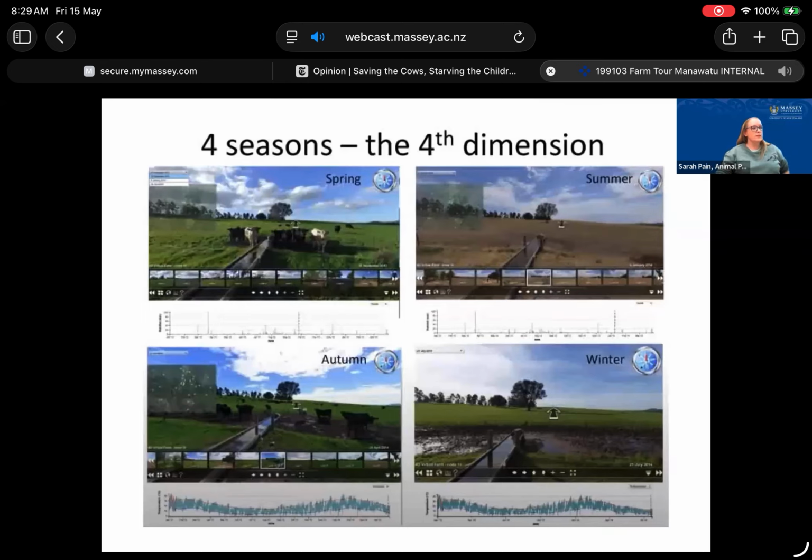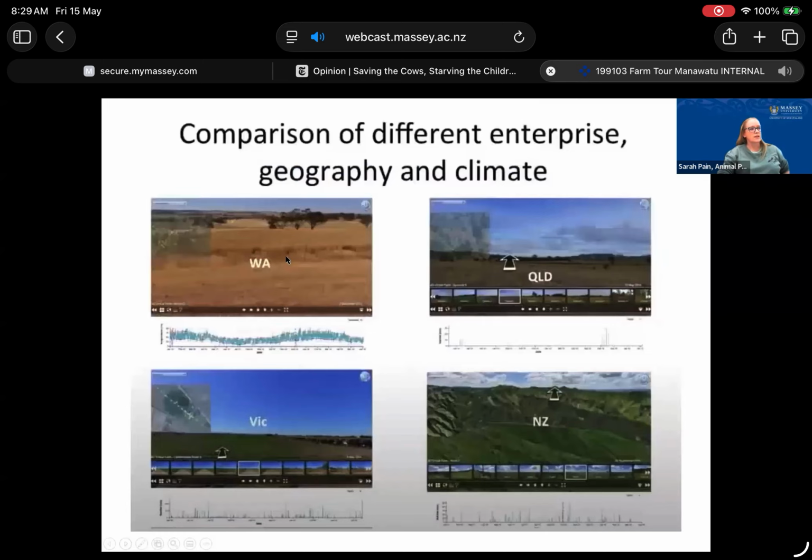So the 40 farms allows us to have a look at the same part of the farm at different periods of the year. Okay, so we can see the seasonal variation in pasture growth or pasture quality for that matter. The other thing it allows us to do is actually have a look at different types of farming systems in different locations that have got different climatic extremes.